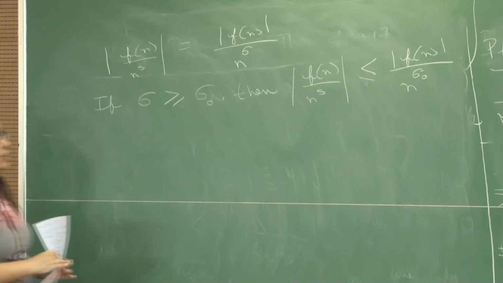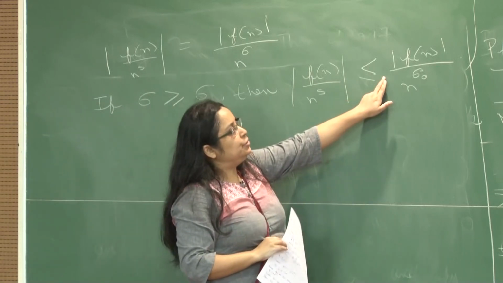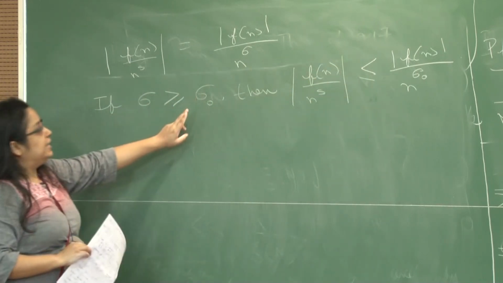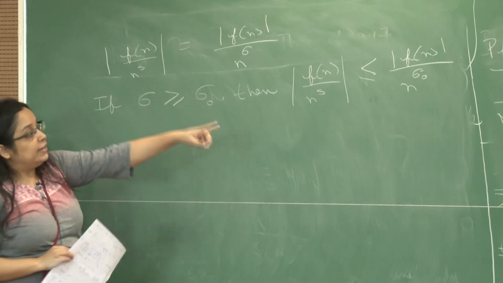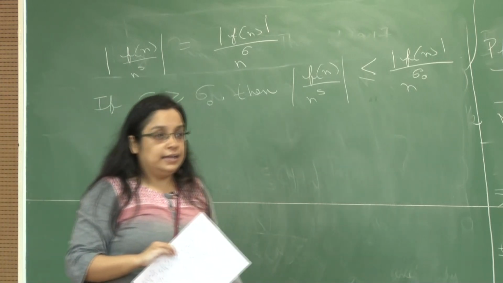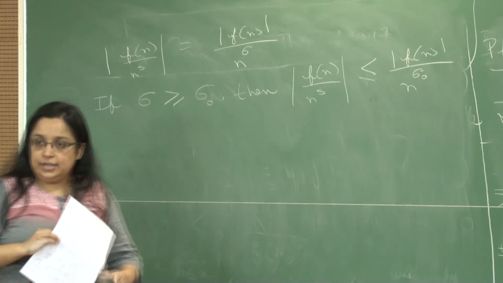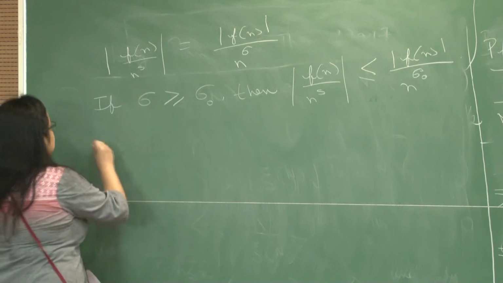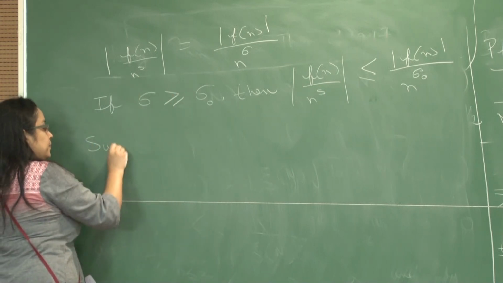So if you know that this sum, as you go from 1 to infinity, converges, that will immediately tell you that the infinite series capital F of s converges absolutely. So this is the observation.